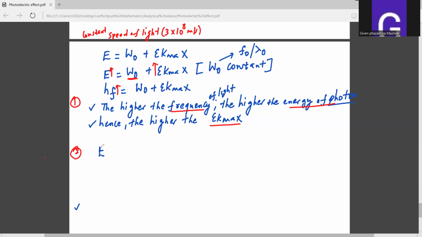So let's say E minus W naught equals EK maximum. I've made EK maximum the subject of the formula. Here, my condition is that I want E to be constant. And by the way, guys, the only way I can make E constant is to make the frequency of light constant.